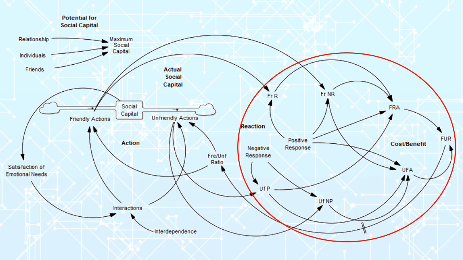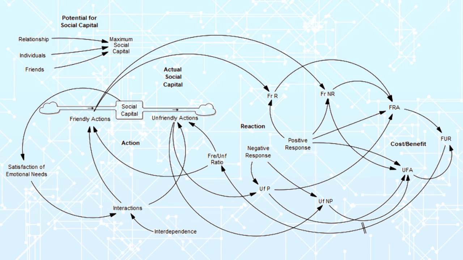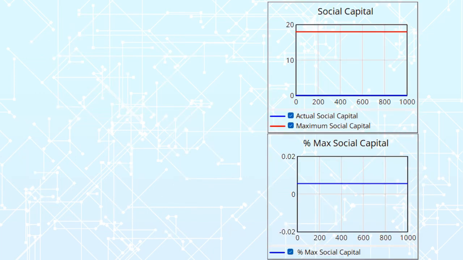The inputs are the relationship, number of individuals in the group, the number of friends, the level of interdependence, the level of response to friendly actions, and the level of response to unfriendly actions. The model synthesises the dynamics of the social capital system, how it changes over time if any of the inputs change. The outputs are graphs showing maximum and actual social capital, and social capital as a percentage of the maximum.